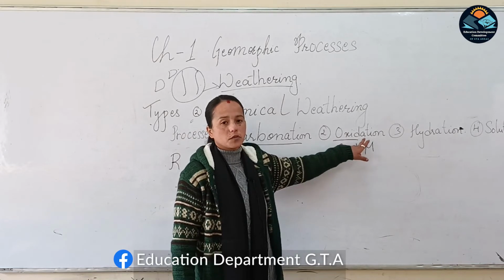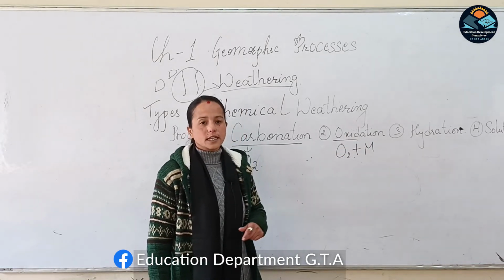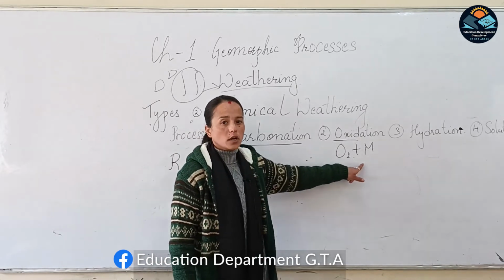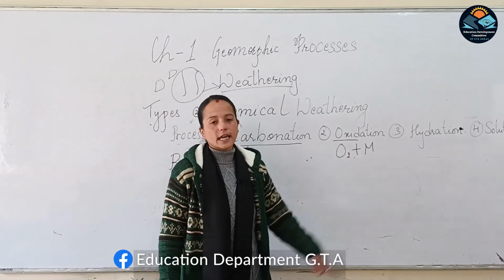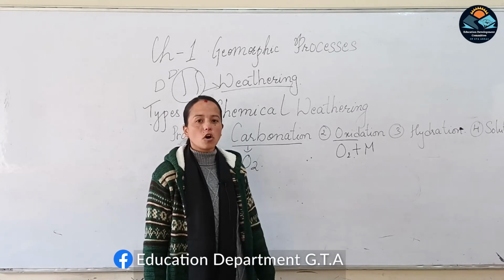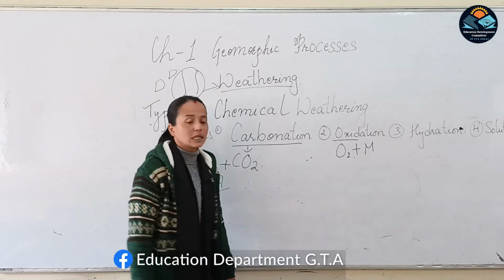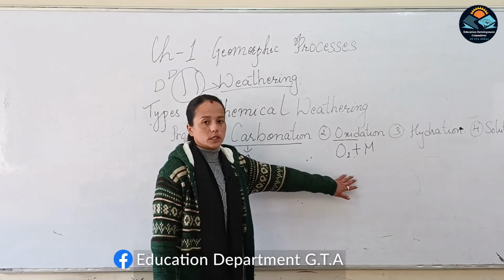With this process of oxidation, rock which contains iron is affected the most. When iron-containing rock comes in contact with oxygen and water, it gets rusted. The rust makes the rock weaker, which ultimately leads the rock to break into pieces. This is the process of oxidation.